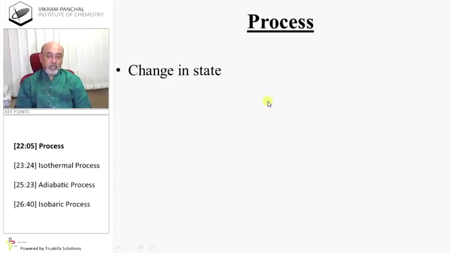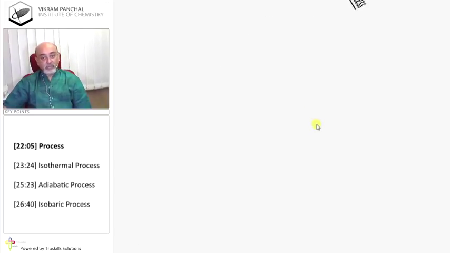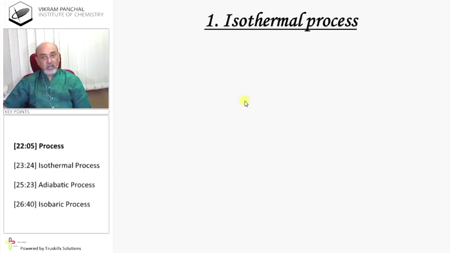But when you consider change in the state of the system as well as the surrounding, then it becomes a process. So in a process, it is necessary to consider the surrounding also, that while making certain changes in the system, what happened to the surrounding also. That is very important. So then it is called a process.